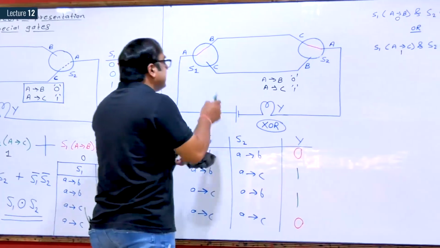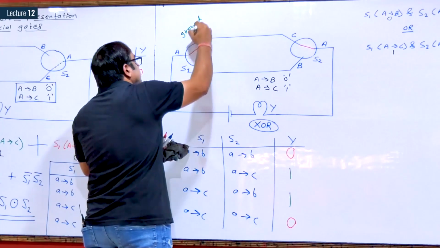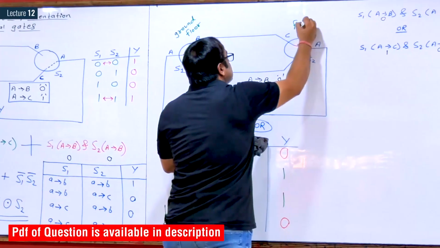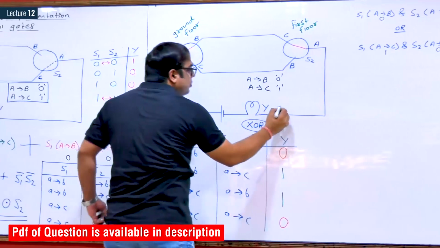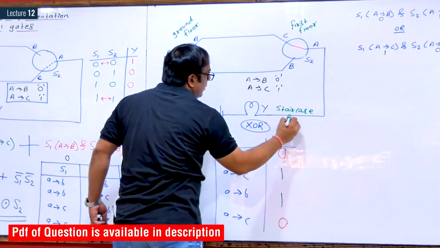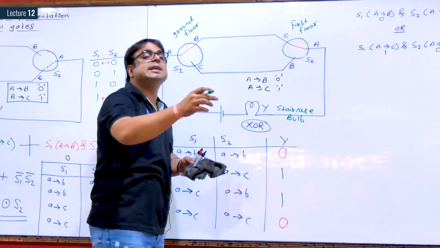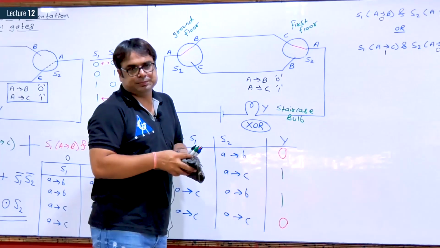Now consider this switch is on the ground floor and this switch is on the first floor, and this is your staircase bulb.